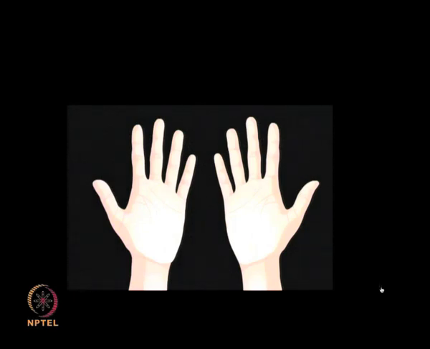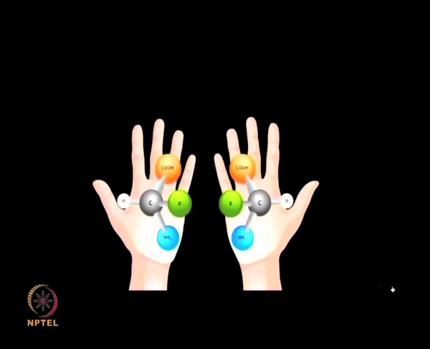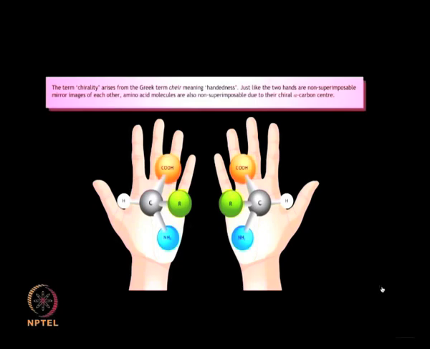Before learning about isomerism, let us first know what chirality is. The term chirality arises from the Greek term cheir, meaning handedness. Just like the 2 hands are non-superimposable mirror images of each other, amino acid molecules are also non-superimposable due to their chiral alpha carbon center.